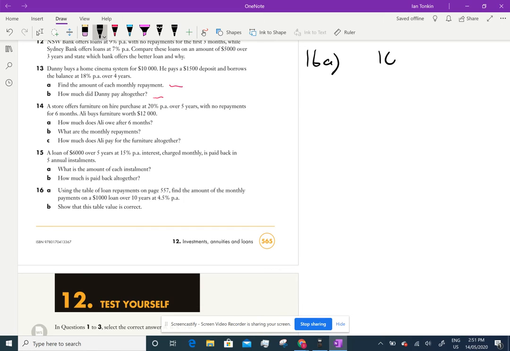So 10 years, 4.5% per annum, and it's $1,000. So I'm looking in the 10 years, 4.5%. So I have to go back to the table.